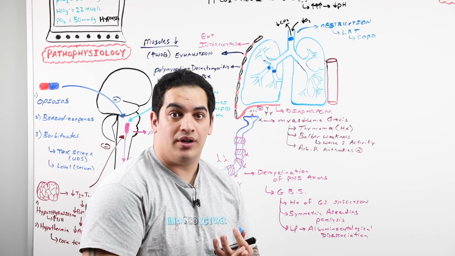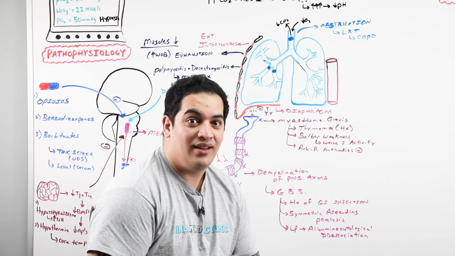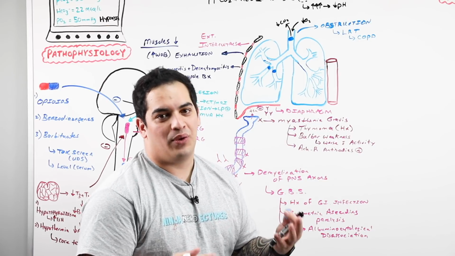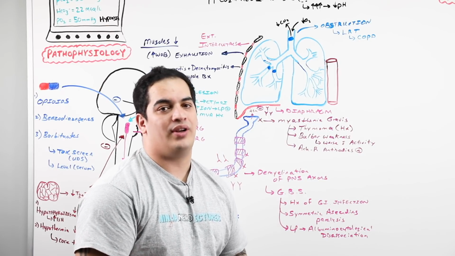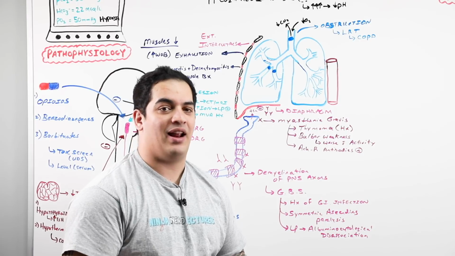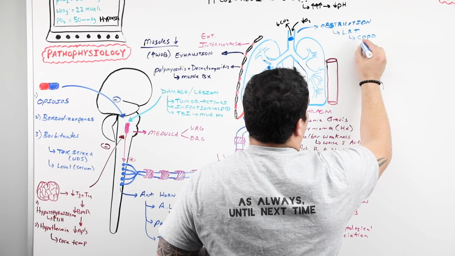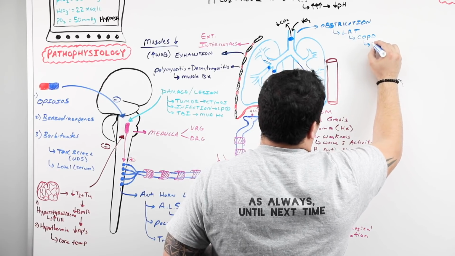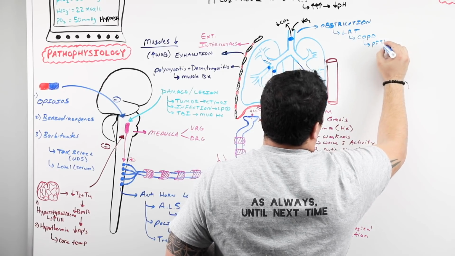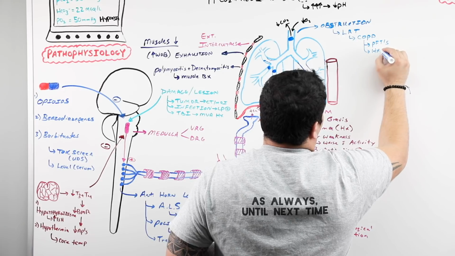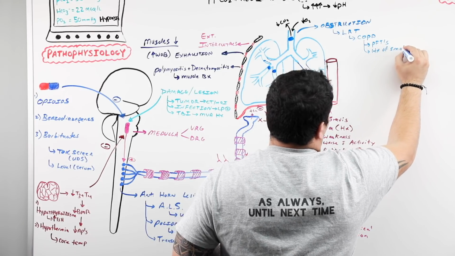So are they smokers? That's one big reason. And if you really wanted to examine a little more, you could check their PFTs. They would have abnormal pulmonary function tests, which we've covered in separate videos on COPD. So you could check their PFTs and ask if they have a history of smoking.